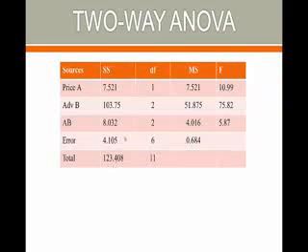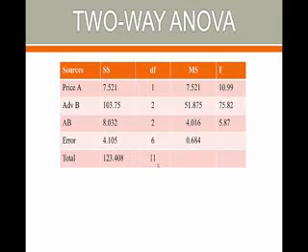We've just calculated the degrees of freedom. Corresponding to price A, it is the number of levels minus 1, 2 minus 1. For advertising B, number of levels minus 1, 3 minus 1, which is 2. For AB, 2 minus 1 times 3 minus 1, which is 2. And we continue like that.